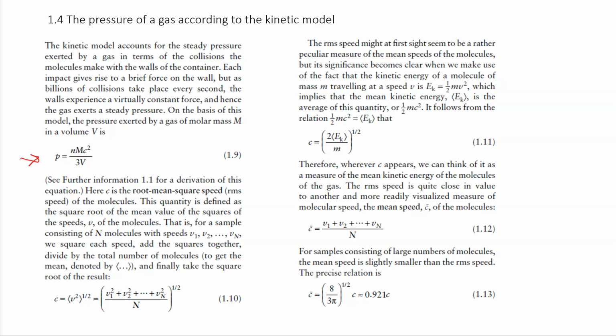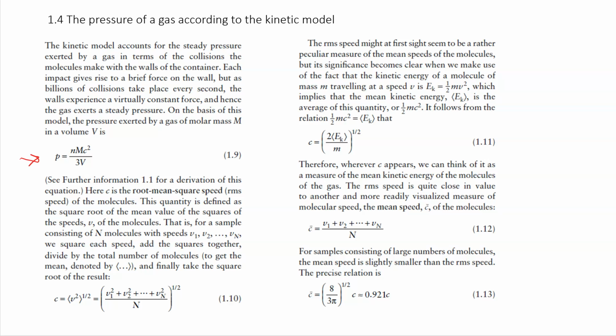So you're like, wait, hold on, what's going on with c here? C is the root mean squared speed, or RMS speed, of the molecules, and this quantity is defined as the square root of the mean value of the squares of the speeds v of the molecules.